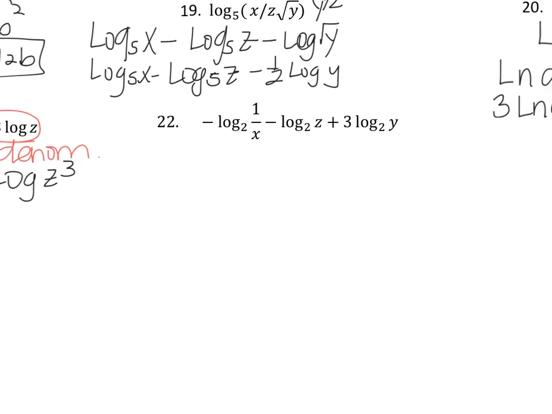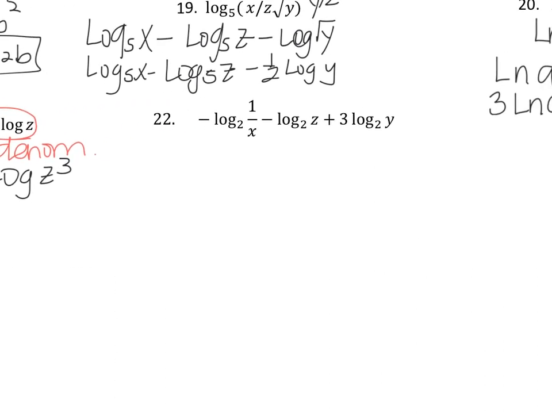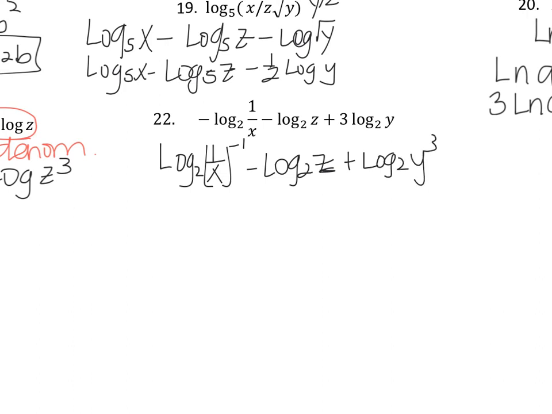And lastly, negative log base 2 of 1 over x minus log base 2 of z plus 3 log base 2 of y. So let's make this log base 2 of 1 over x to the negative 1 power, minus log base 2 of z, plus log base 2 of y cubed.